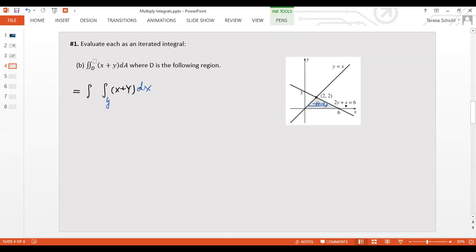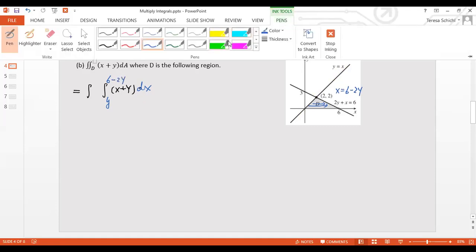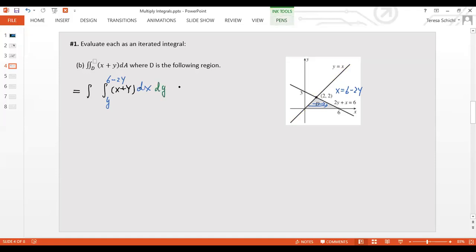Then I end on this line, 2y plus x, so x is equal to 6 minus 2y here. That's how I do dx. Now after I finish dx, I integrate y. So y is from here all the way to what? All the way to where x finishes here, so it's all the way to what?